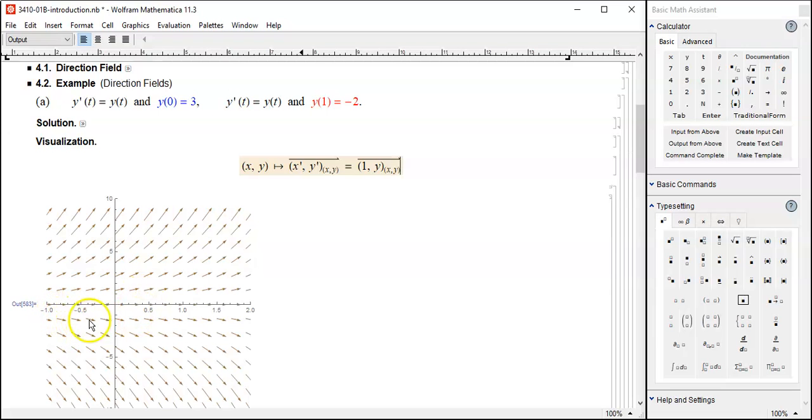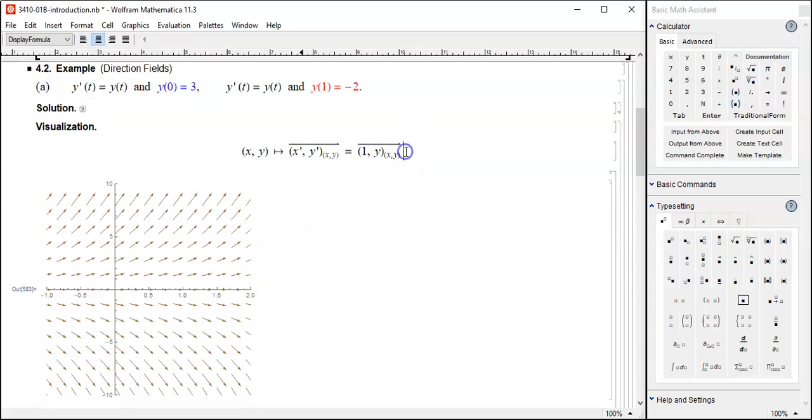So if you follow all those arrows in the same y coordinate values, they're the same. y values are the same, and then horizontally they're all 1. So we have these kind of vectors starting at given points x comma y. So those are direction field.